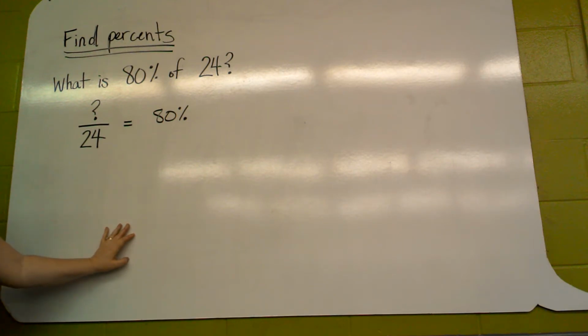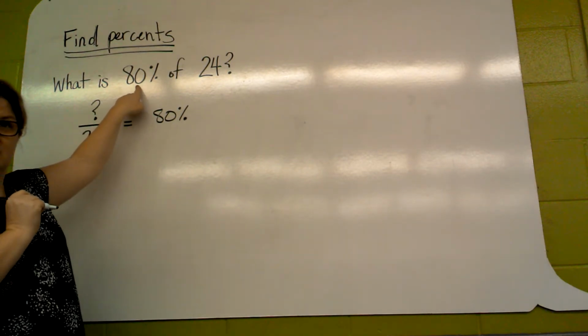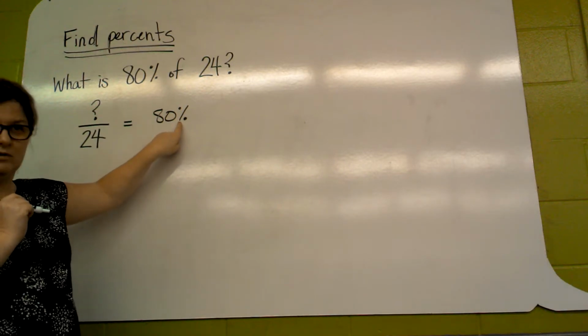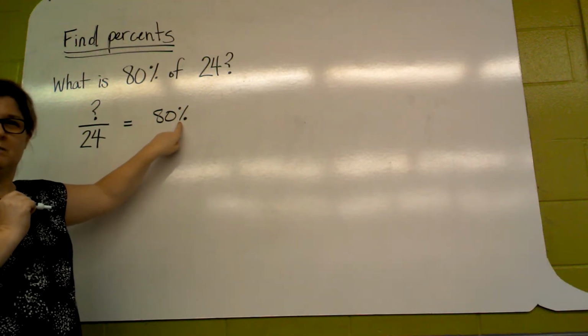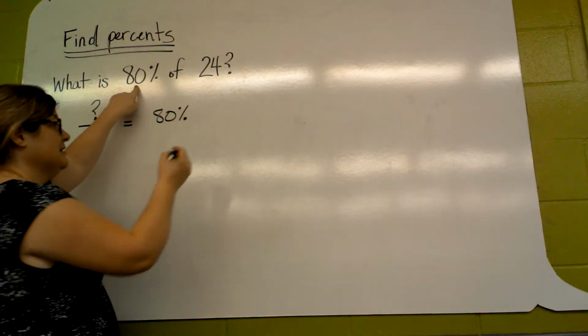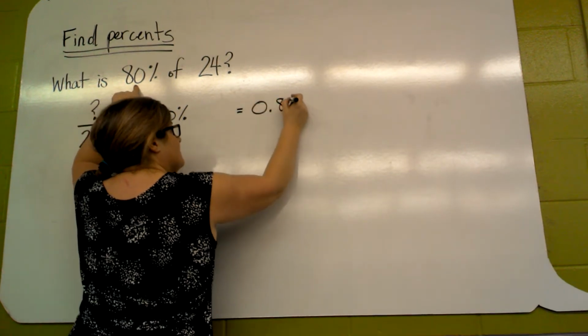And so my brain does this. Take whatever the percentage is, and instead of writing it as a percent, write it as a decimal. That means it's before you've multiplied by 100. And so 80% is really 0.8.